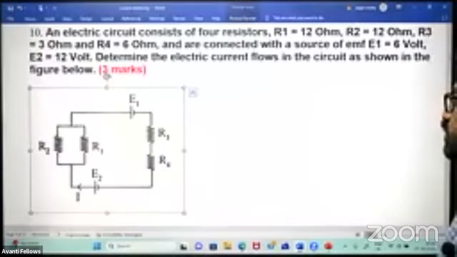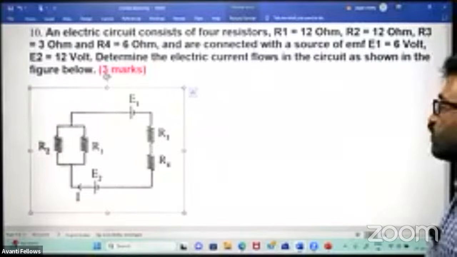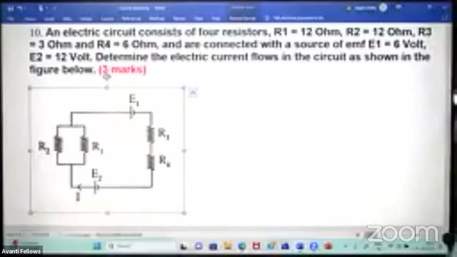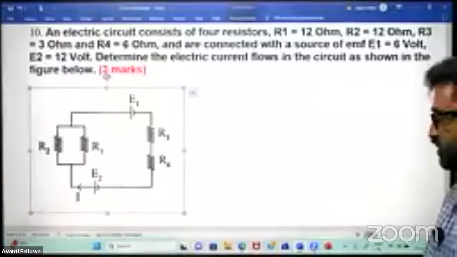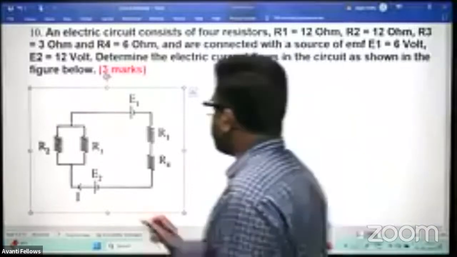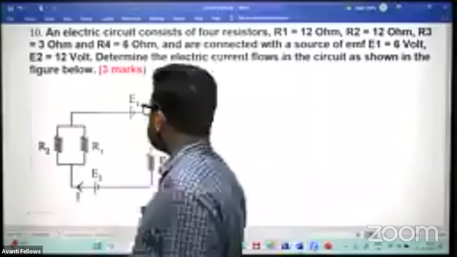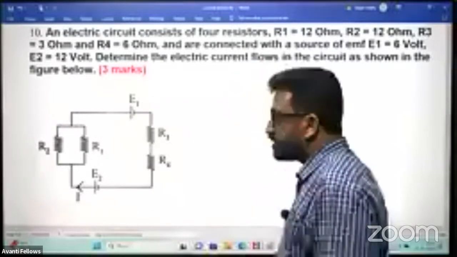Determine the electric current flows in the circuit as shown in the figure. You're asked to find out the value of electric current.